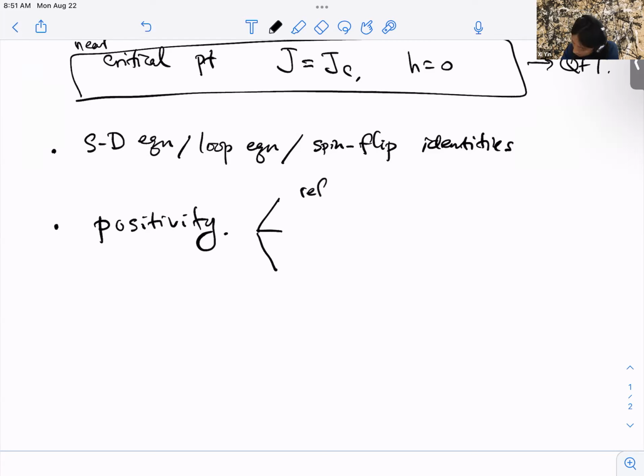One is the so-called reflection positivity. For Euclidean quantum field theory, reflection positivity is essential. It's part of the Osterwalder-Schrader axioms. It basically says if you have some local operator, its correlation function with its reflection along some mirror plane in Euclidean space will be positive.